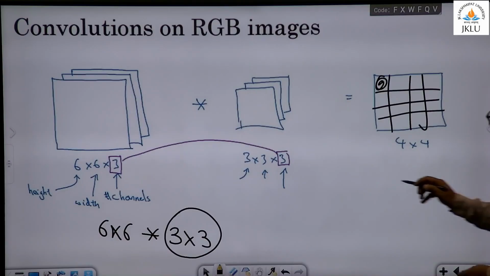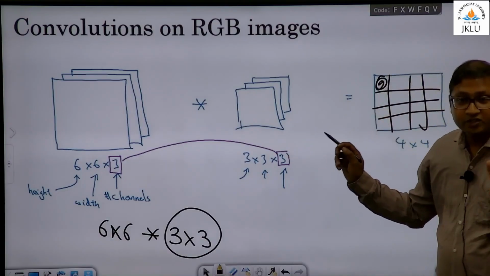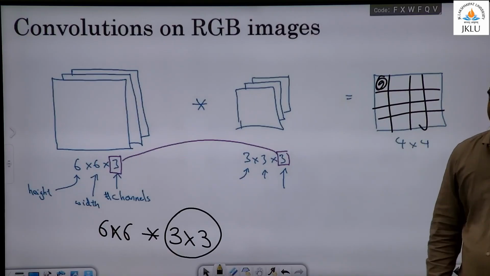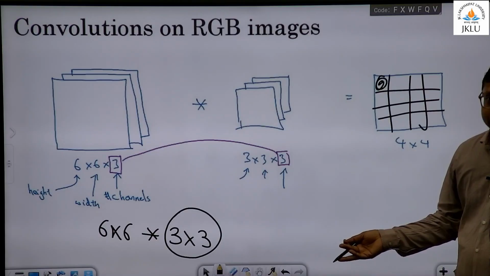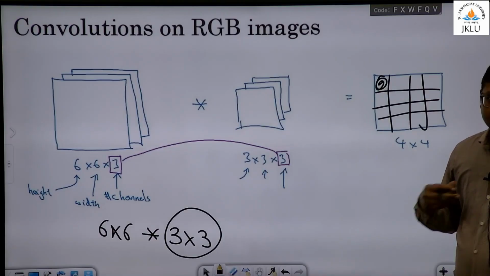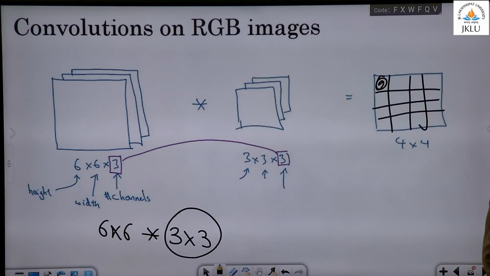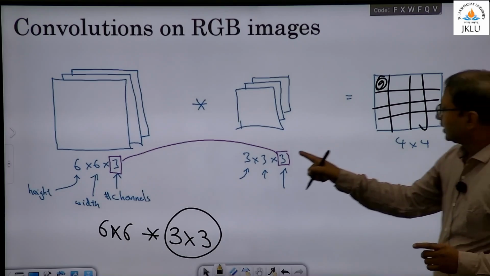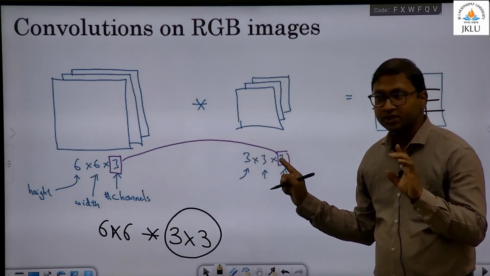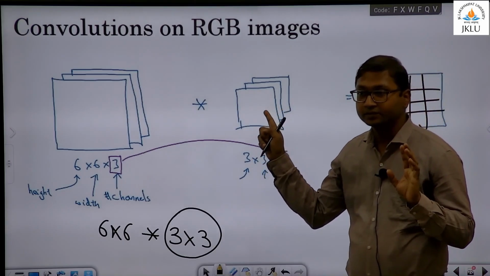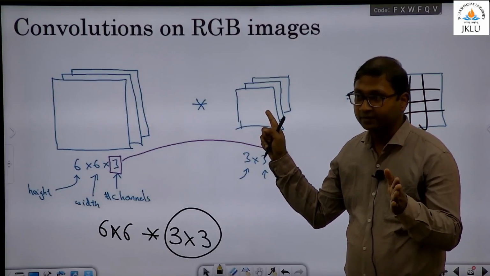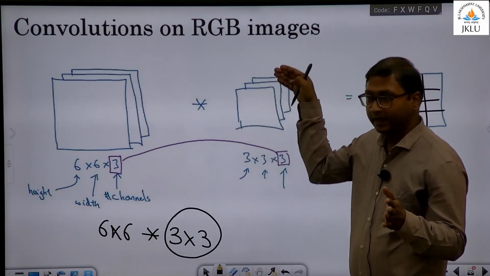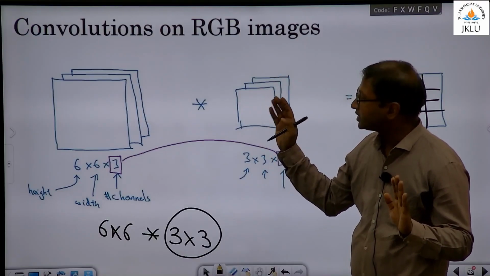First of all you have to tell me what the output size will be, and that will tell you everything. See, it's a volume of size 3 cross 3 cross 3. Total how many numbers here? 27. 9, 9, 9. So 27 numbers here.